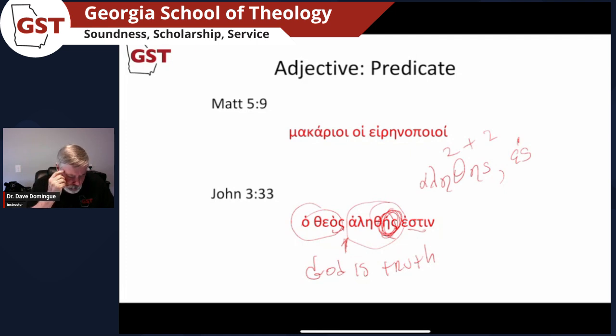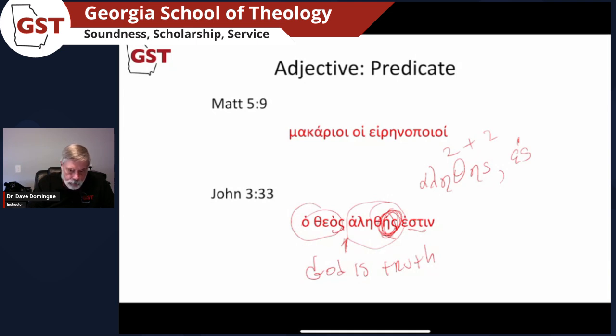For example, Matthew 2:16, tous paidas tous in Bethlehem. So the children, tous paidas, and then you have another article, tous, in the prepositional phrase in Bethlehem.